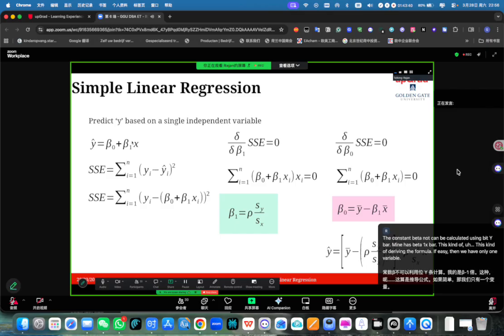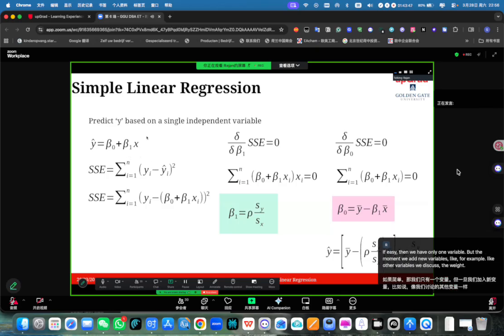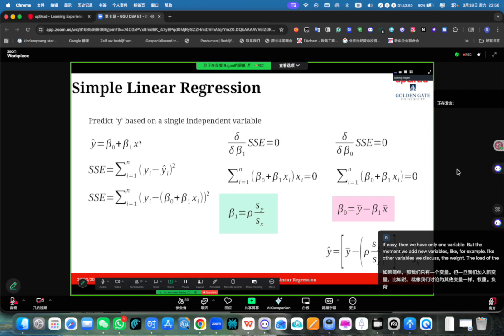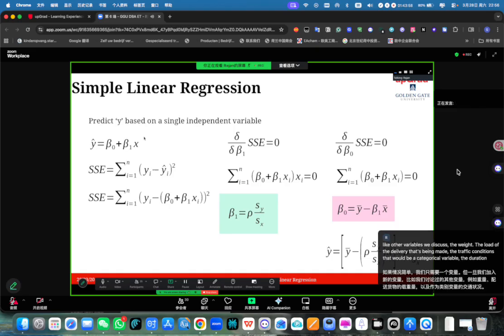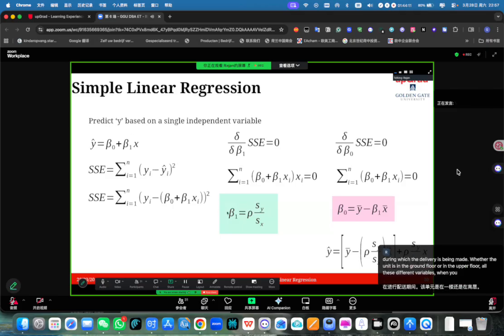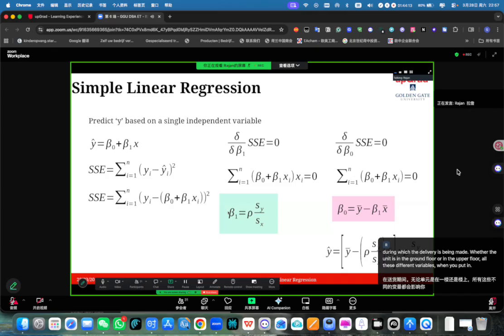But the moment we add new variables, like the other variables we discussed, the weight, the load of the delivery being made, the traffic conditions, which would be a categorical variable, the time slot during which the delivery is being made, whether the unit is on the ground floor or an upper floor, all these different variables, technically it is possible to derive formulas like this.